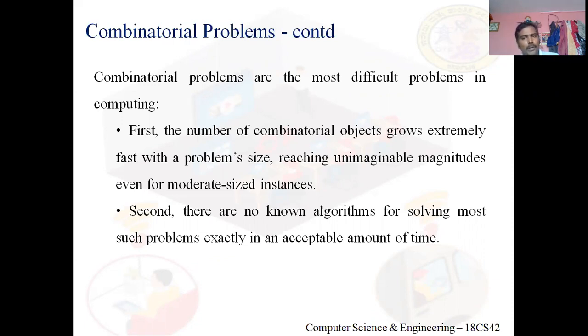The worst are exponential and factorial, right? Got it? These combinatorial problems usually belong to the last two cases. It will be exponential. So we call them the most difficult problems in computing.